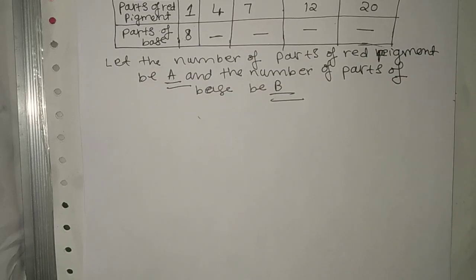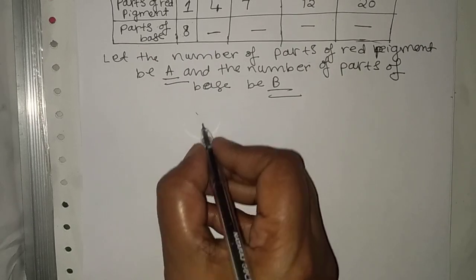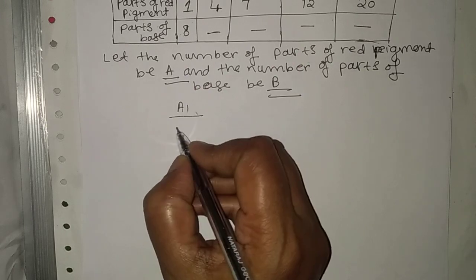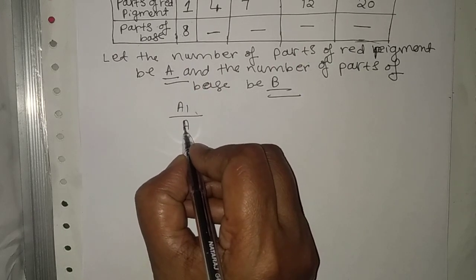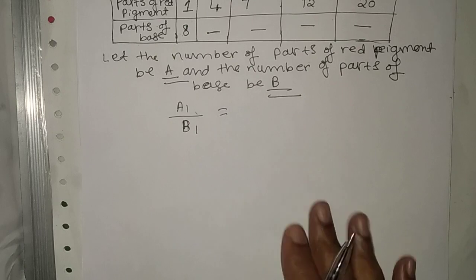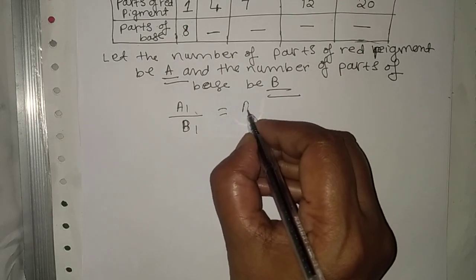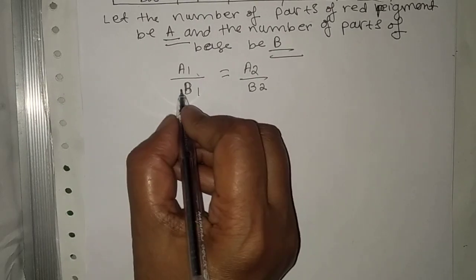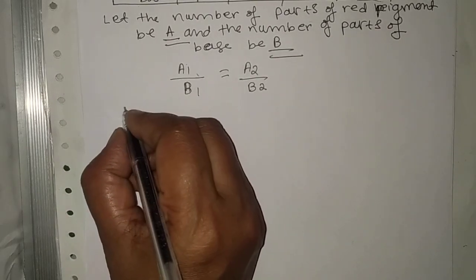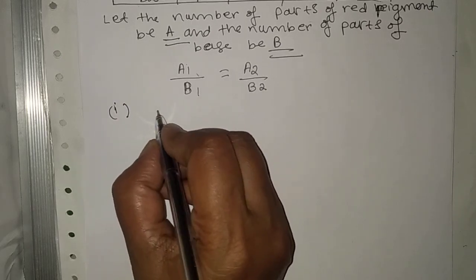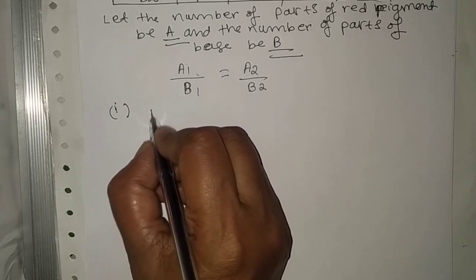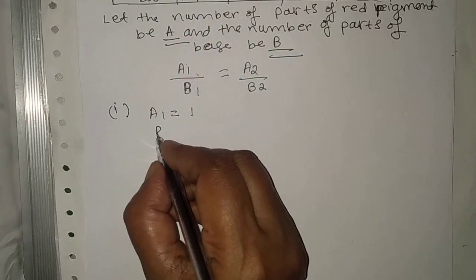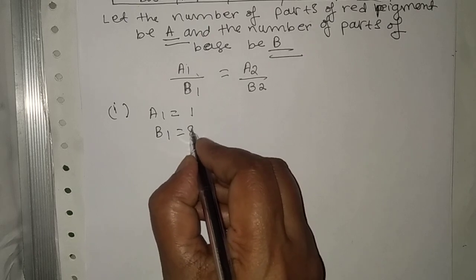So what is the first option? We'll take A1 by B1 is equal to A2 by B2. This type of relation we'll use. First step, we'll take the first part as A1 is equal to 1 and B1 is equal to 8, as they have given in the table.